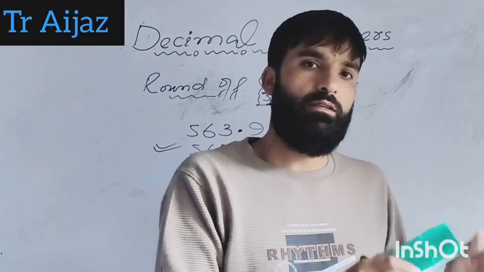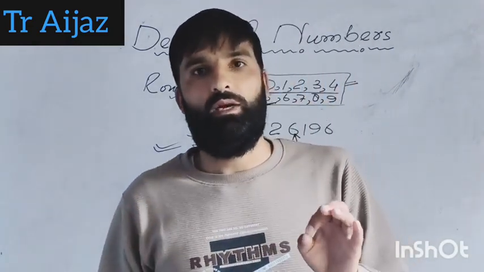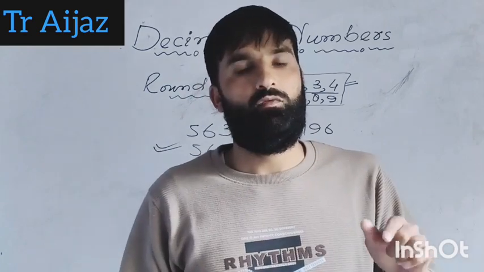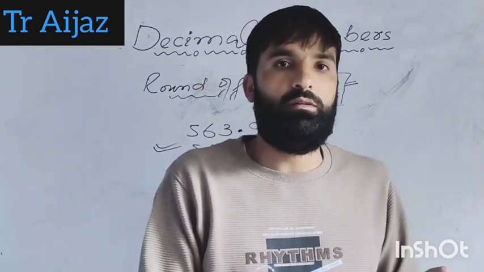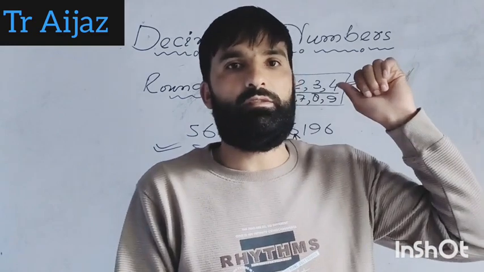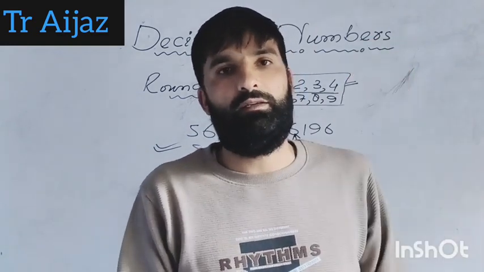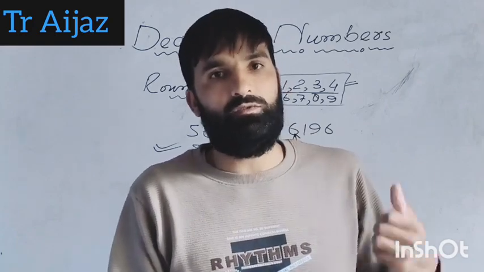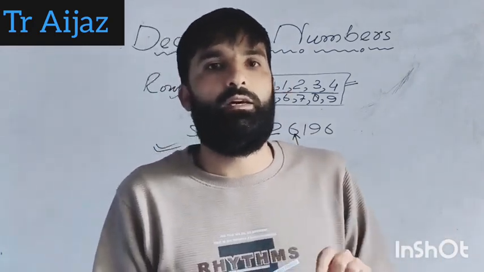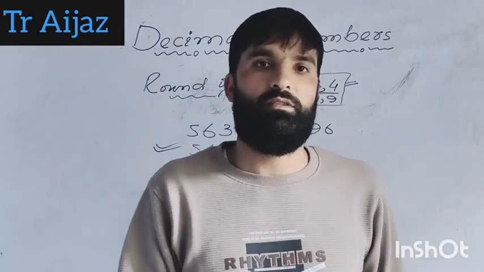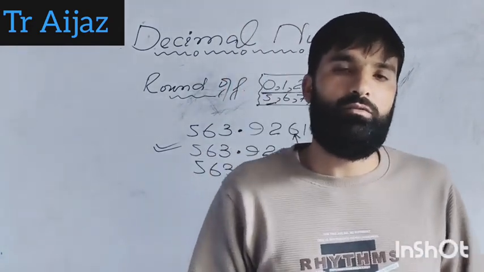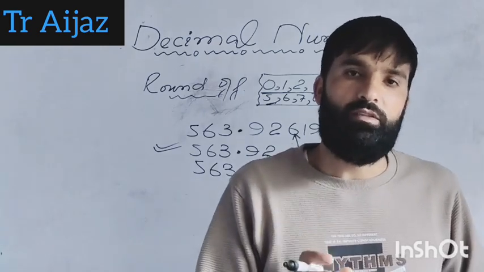If we have to stop at the third place, we have to see the number at the fourth place. To which group does that number belong? If it belongs to the first group, 0, 1, 2, 3, 4, then nothing is added. But if it belongs to the second group, 5, 6, 7, 8, 9, then 1 is added to the last place. So this is the rule for how to round off decimal numbers.